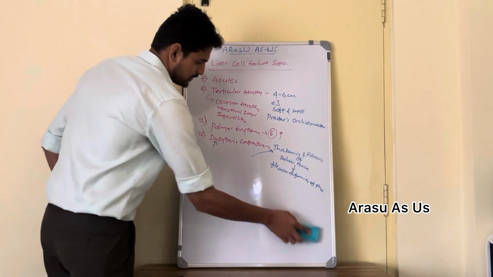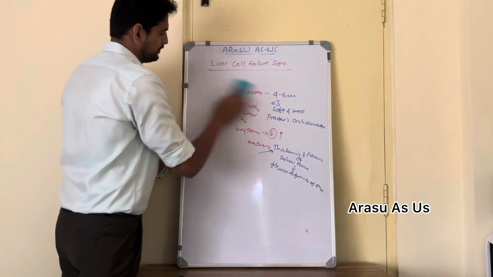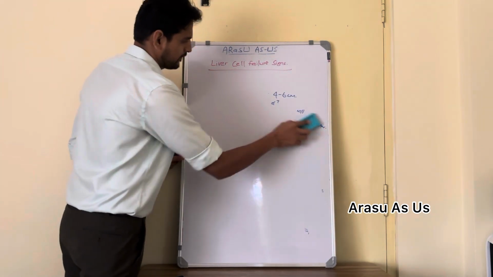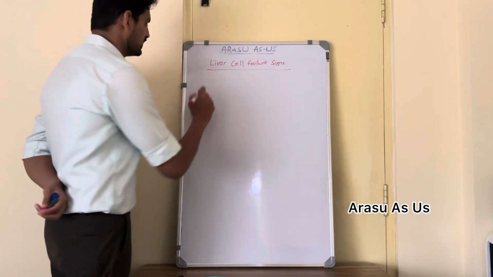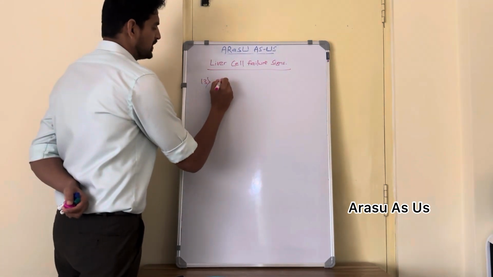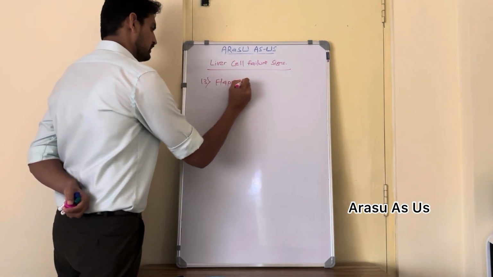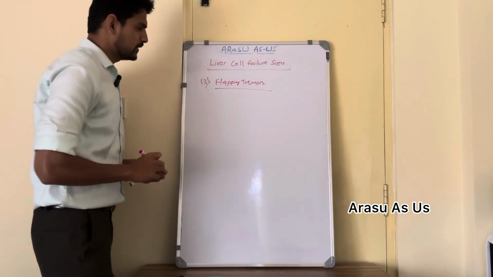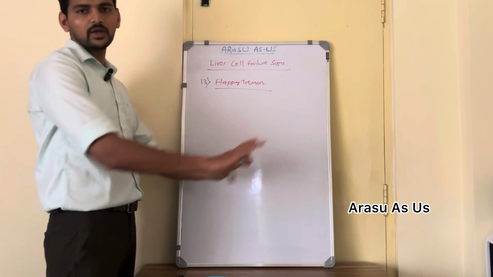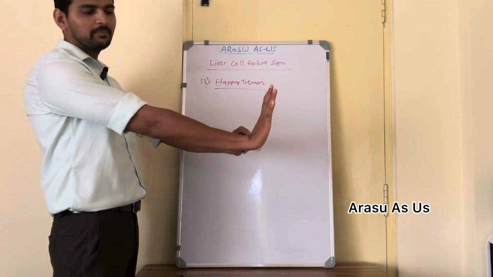And one more sign of liver cell failure is flapping tremors. Here we will ask the individual to outstretch the arms and hyperextend the wrist.